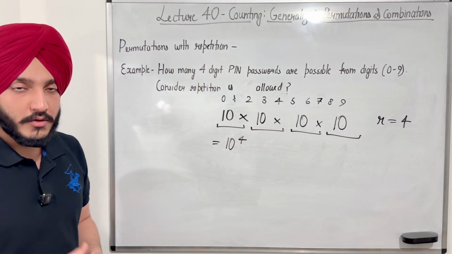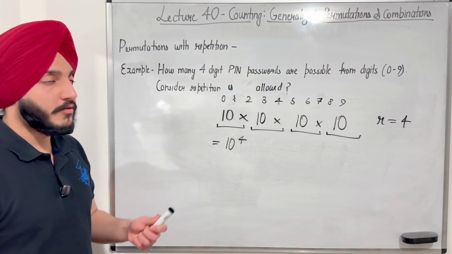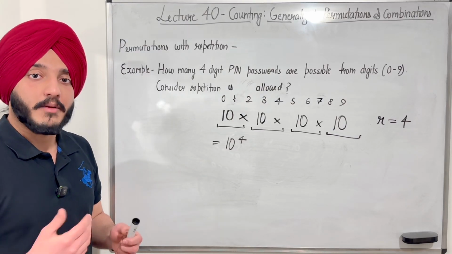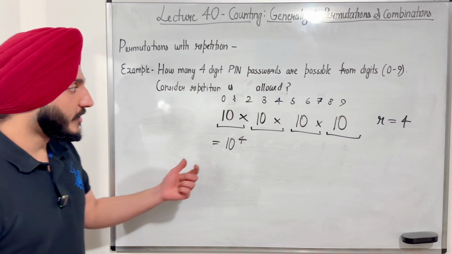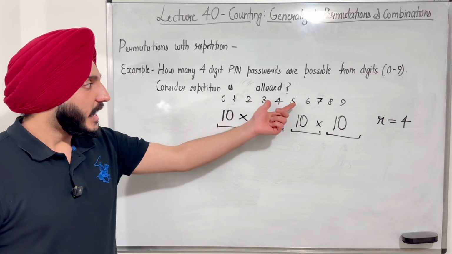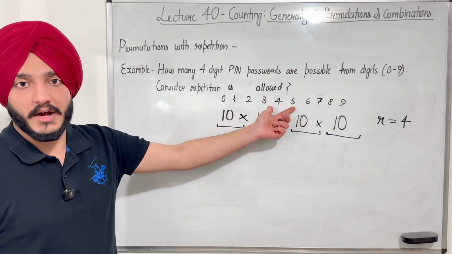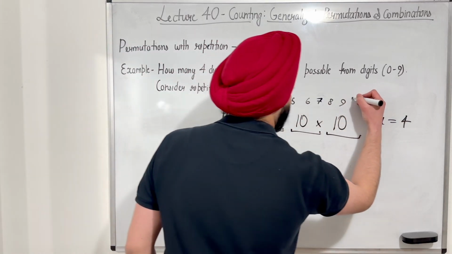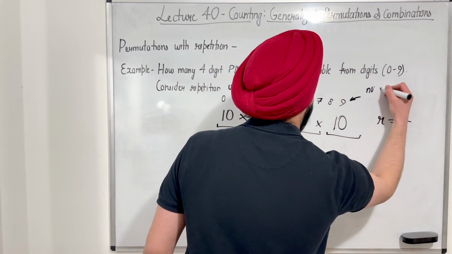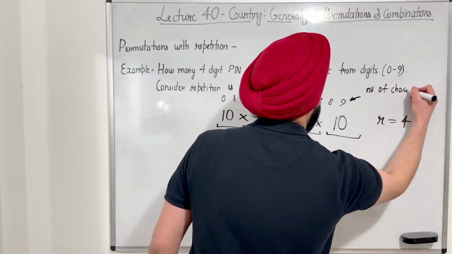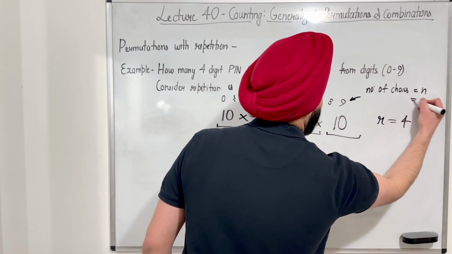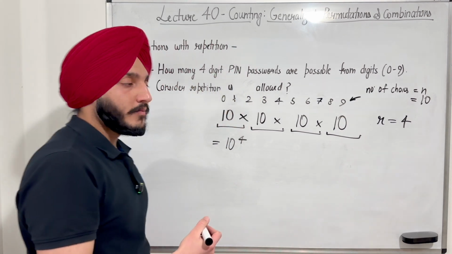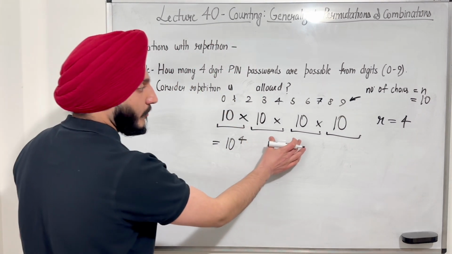Okay. Now let's try to think about what's the generalized version of the permutations formula when repetition is allowed. So think about this, right? N is the number of options that we have. So number of choices equal N, which is equal to 10 in our case. And how many are we supposed to choose?